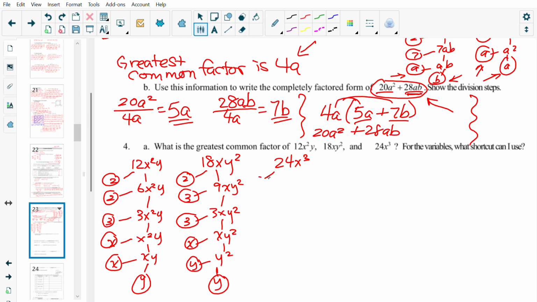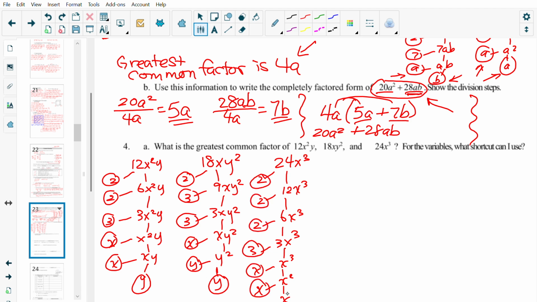Let's go 24x cubed. Okay, so that's 24x cubed. Let's line it all up.